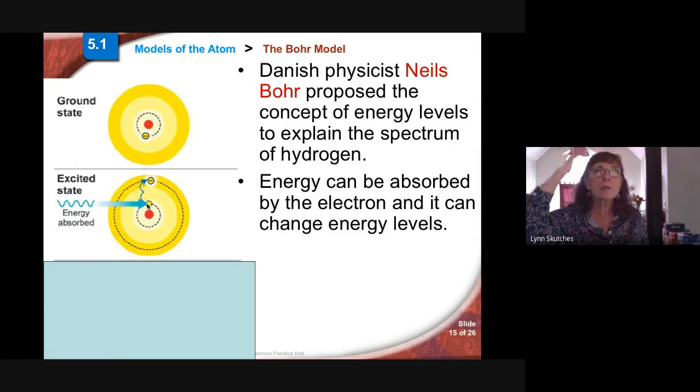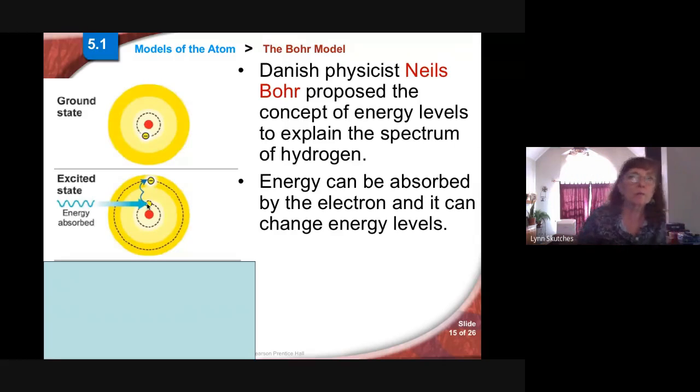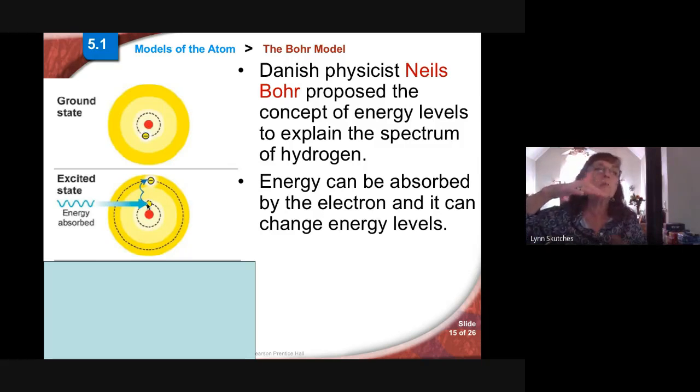You can think of this like stairs, okay? You put in some muscular energy, which came from chemical energy in your food, and you can take a step up to the next level.